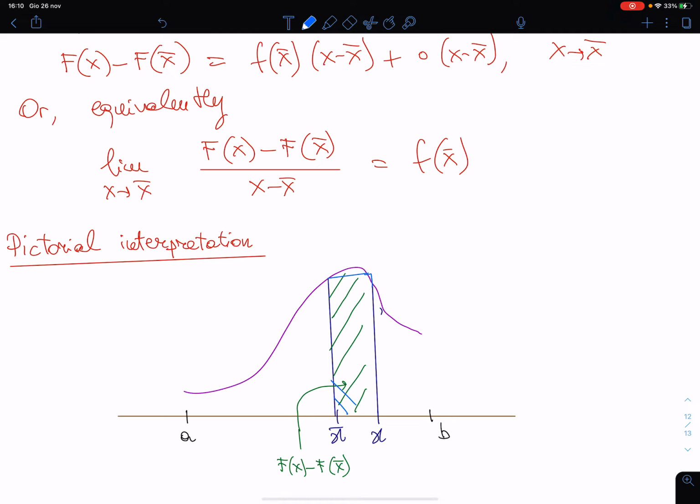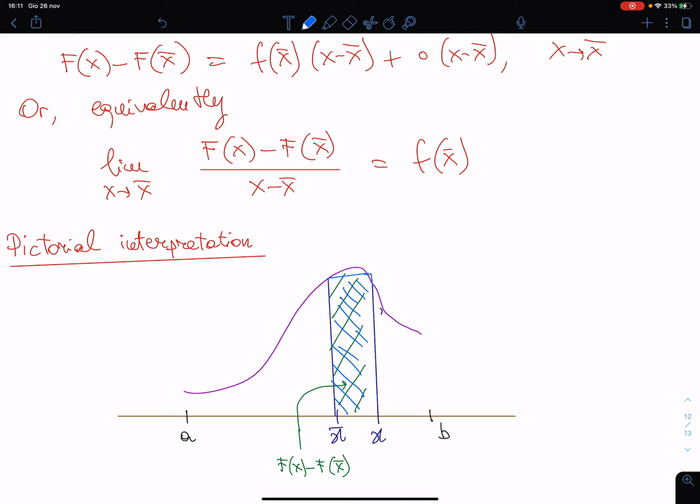So the first term, the second member, the right hand side of this equality, is this blue area. So the formula says that the difference between the green area here and the blue area here is little o of X minus X bar.